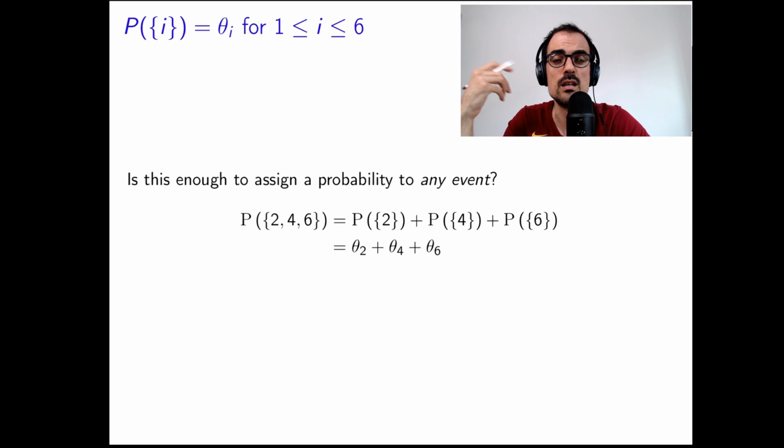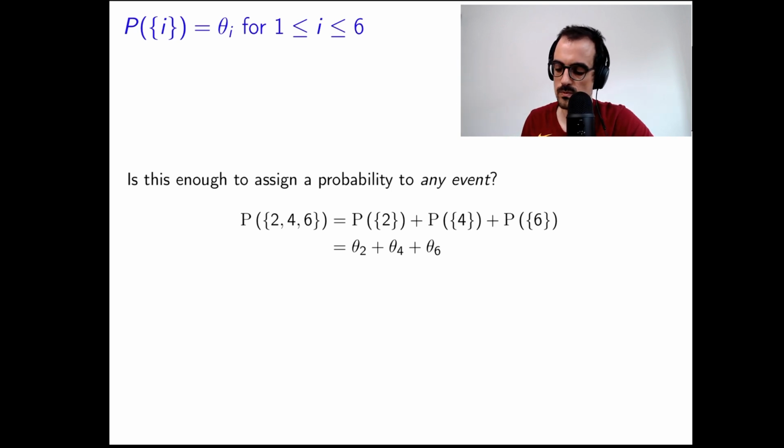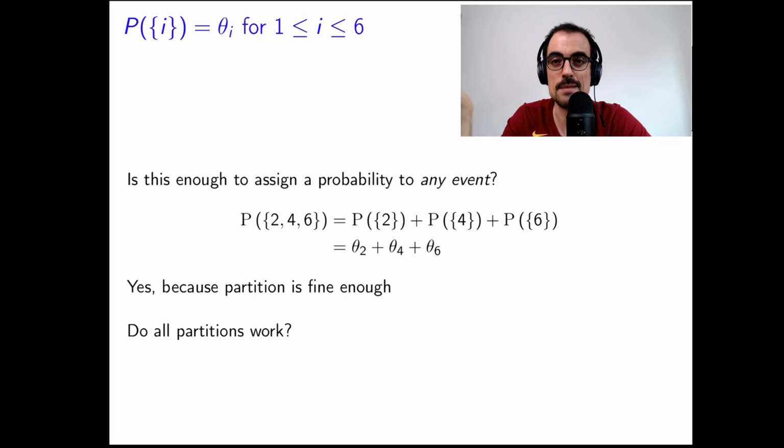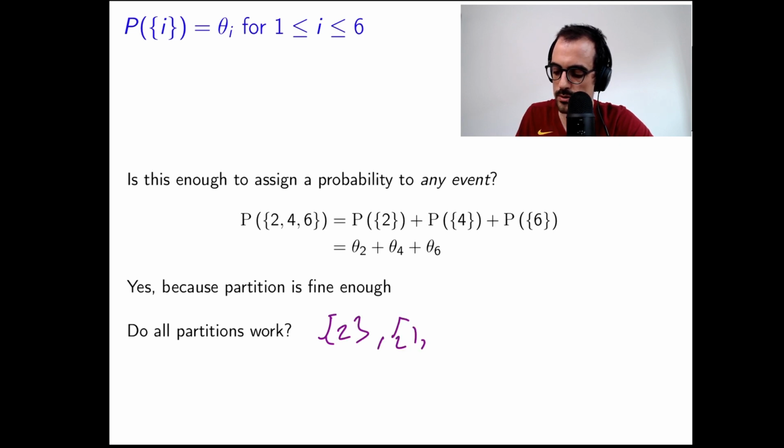Okay, so in this way, we have implicitly assigned probabilities to every possible event in a way that is consistent with the definition of probability measure. Okay, and this works because the partition is fine enough. If we had chosen another partition, it might not have worked. In particular, you could think of a partition which is, for example, I roll a 2 or I don't roll a 2.